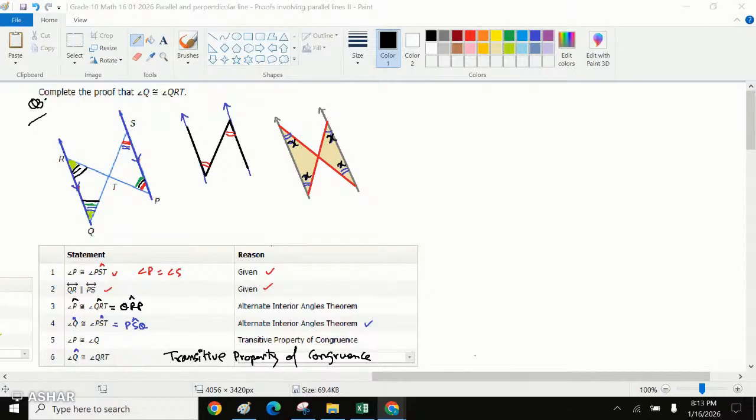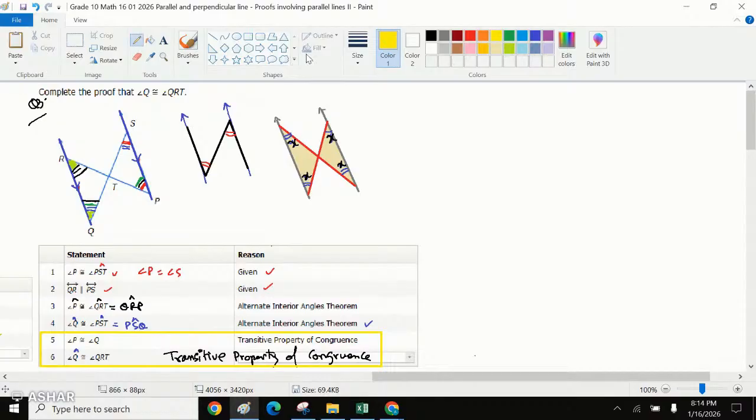So do we agree that the statement number 5 and statement number 6 are referring to the same logic, right? So if they are referring to the same thing, that means the same property is being applied.